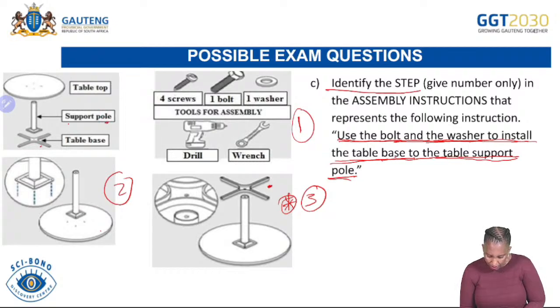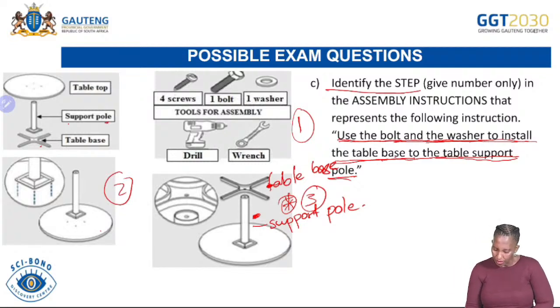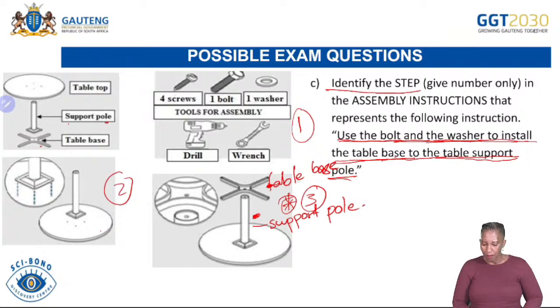So here is our table base, and then our support pole. That means this step is the relevant one, whereby we can simply say it is step number 3. Use the bolt and the washer to install the table base to the table support pole. There we go. This is the step that we are referring to.